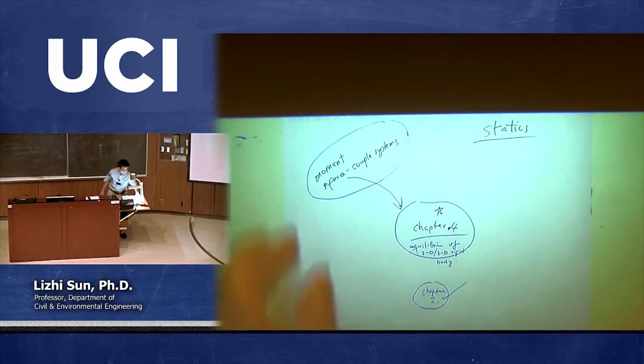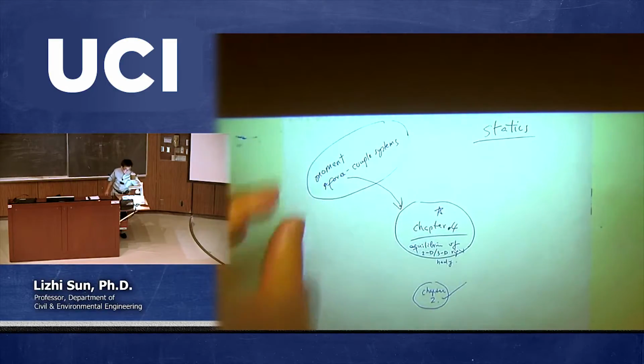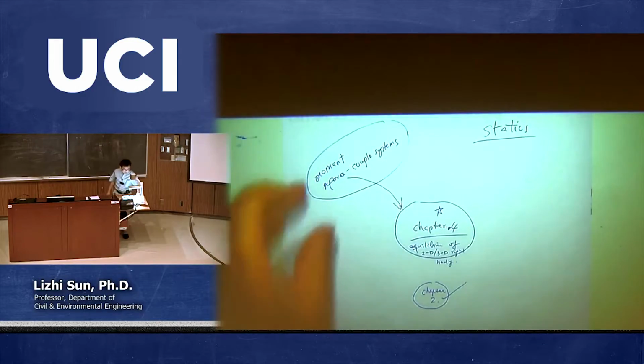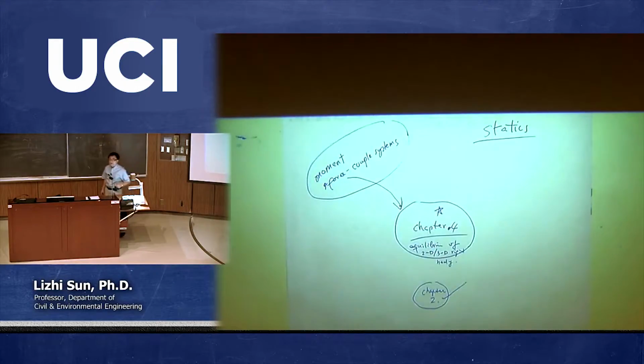It basically talks about the moment and the force couple system, which is the preparation for chapter 4. Because those governing equations we obtain are based on chapter 3. One of the equations for 2-dimensional problems in chapter 4 is a moment equation. So without chapter 3, there's no way you can establish the moment equation. So that's why chapter 3 is the preparation for chapter 4.